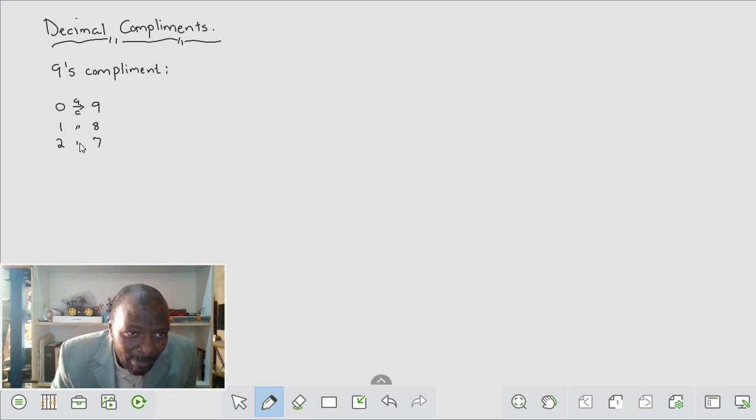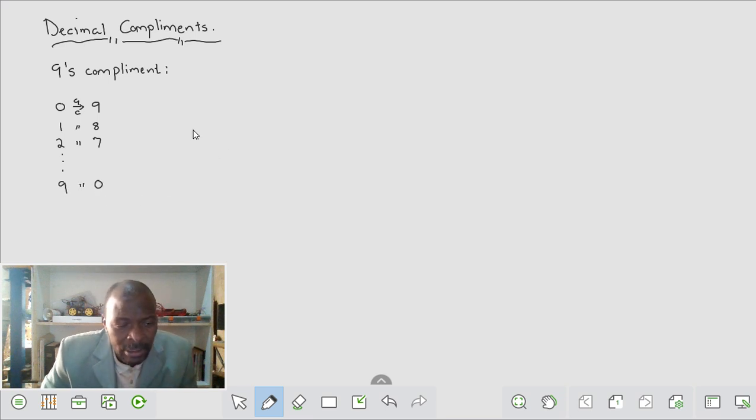So it is the amount that will need to add to a certain digit to make it a 9. Now obviously we can go all the way up to 9 itself, whose 9's complement will be a 0.